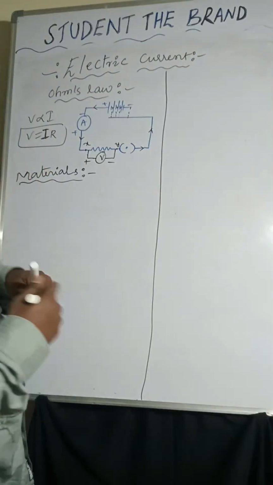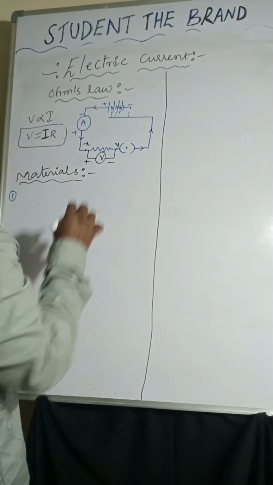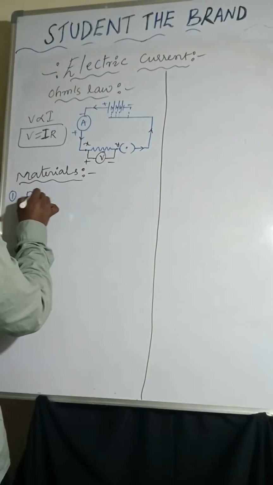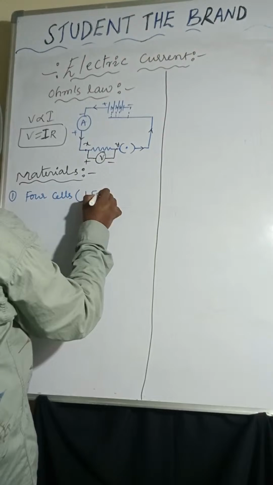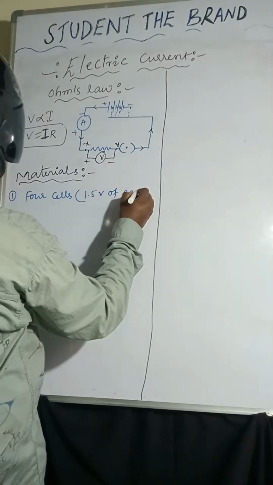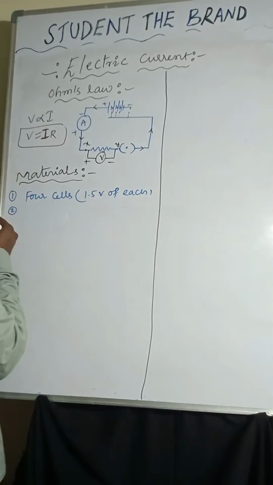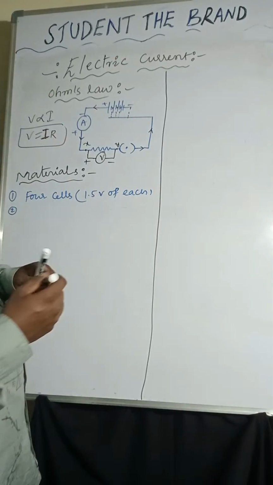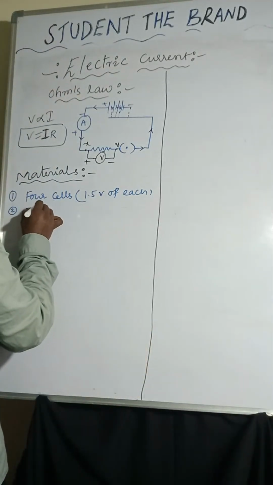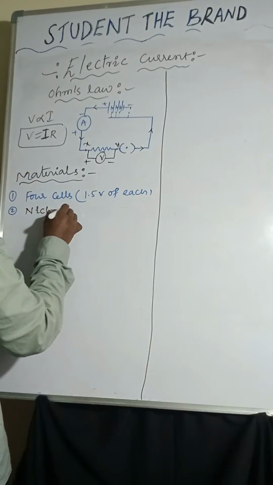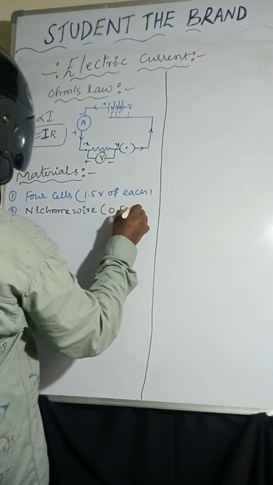Materials required. So what are the materials required? First one, four cells of 1.5 volts each. Second one is nichrome wire. Nichrome wire is an alloy of nickel, chromium, manganese and iron metals, of 0.5 meter length.